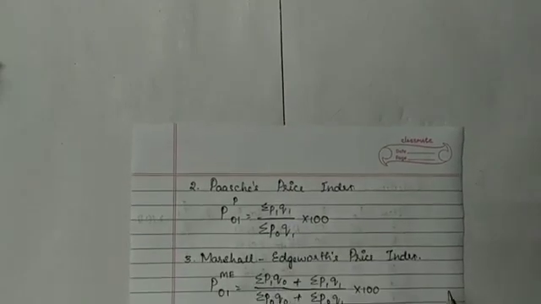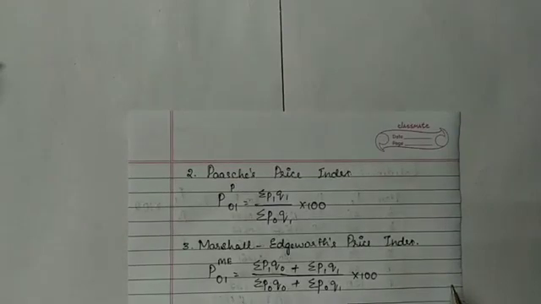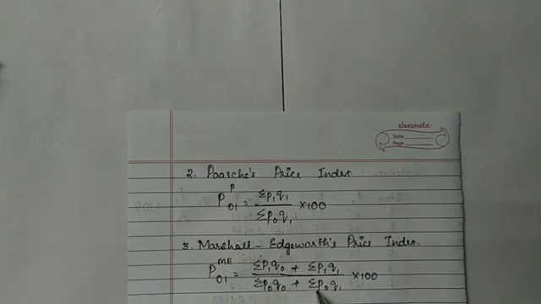Our third formula is Marshall and Edgeworth's price index. P01 of ME is equal to summation of P1 Q0 plus summation P1 Q1 divided by summation P0 Q0 plus summation P0 Q1 multiplied by 100.